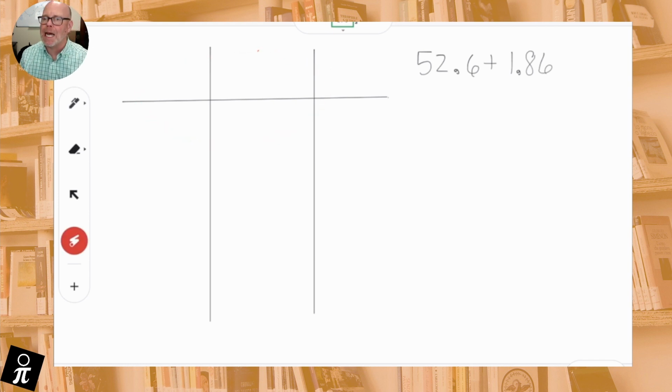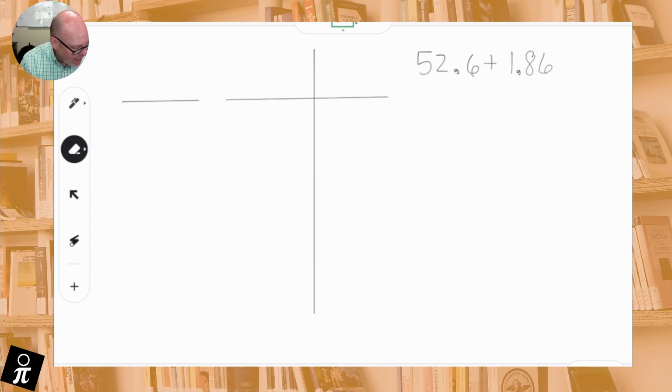And here's why. I want students to be thinking about what kind of place value chart they are going to need. And in this case, they're going to need tens, ones, tenths, and hundredths. So they're actually going to need 4 columns for their place value chart.